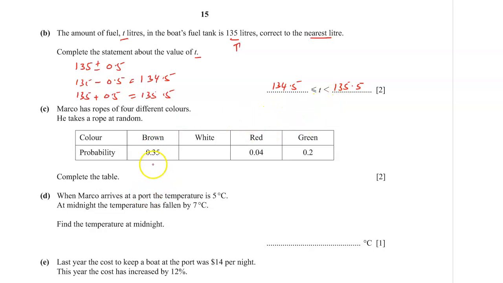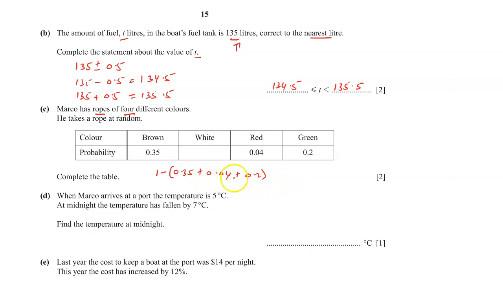Marco has ropes of 4 different colors: brown, white, red, and green, and probabilities are given there. Complete the table. Of course, total probability is equal to 1. So 1 minus (0.35 plus 0.04 plus 0.2).